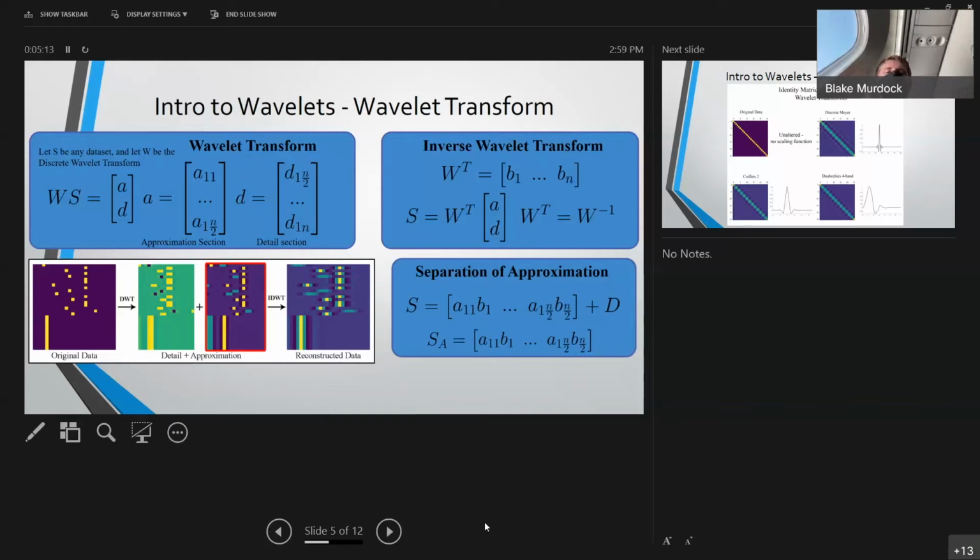However, this means, because it's a matrix, that you can also just only use the approximation section, which gives you a reconstructed approximate data piece, like the picture on the furthest right, which is a generalization of the original data, but it is a little fuzzier because it's generalized. Next slide.